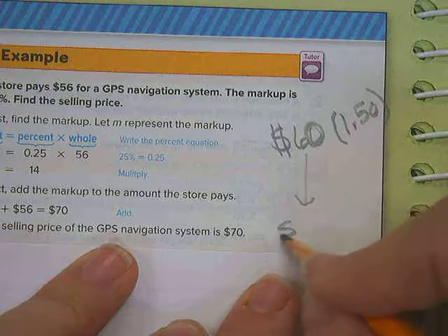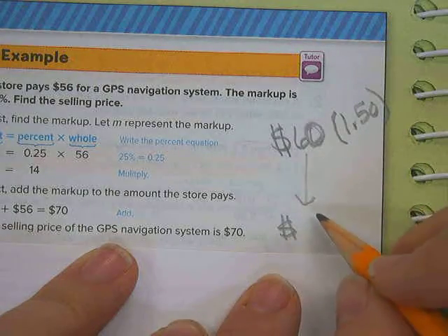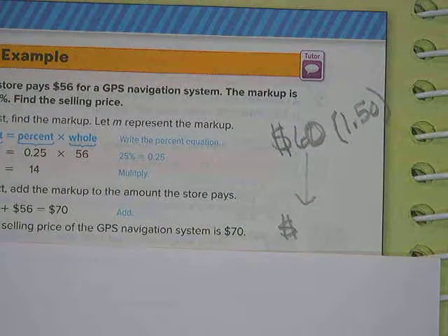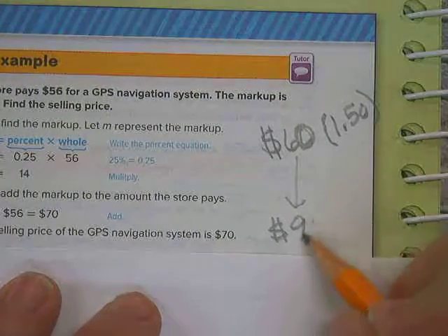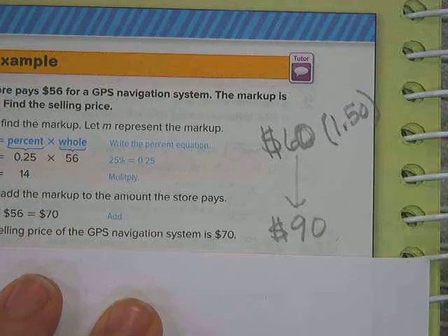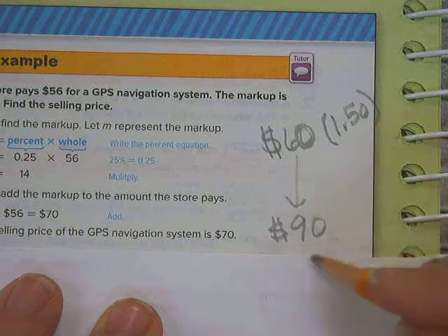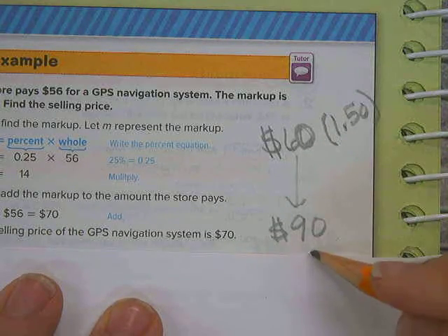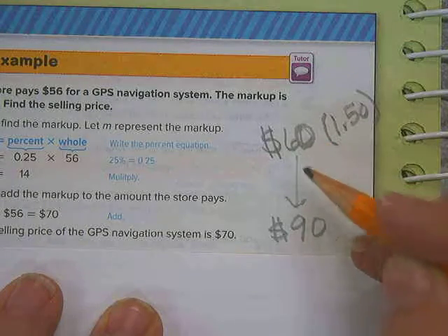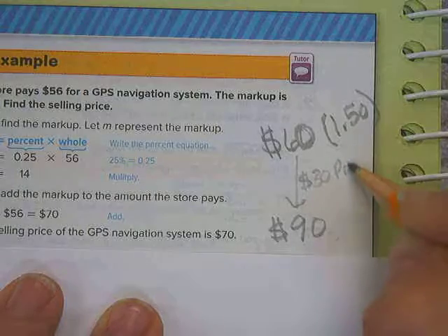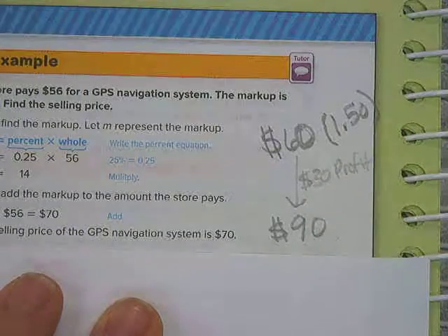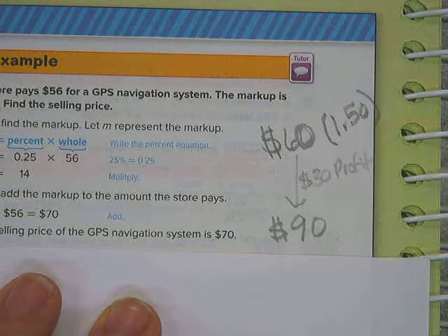So when you mark up $60 by 150%, you get $90. So Walmart puts it on their shelves for $90. They only bought it for $60. So do you see that they're going to make a $30 profit? That's how companies make money.